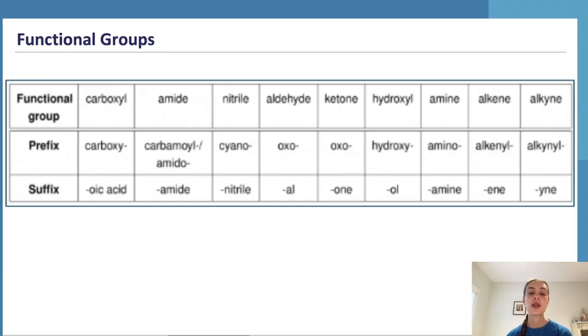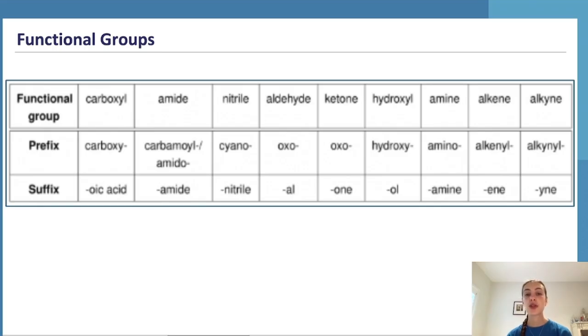Aldehydes, we're typically using the suffix of -al, but sometimes we may use the prefix of oxo, and same with ketones, they may also sometimes get the prefix of oxo, but typically they'll be using the suffix of -one, which is generally a lot more reliable because it really distinguishes between aldehydes and ketones, because the suffix shows that they're a different class of organic compound, whereas the prefix doesn't show that very explicitly.